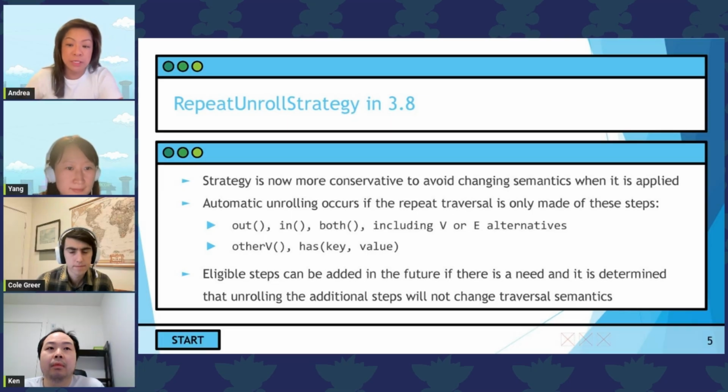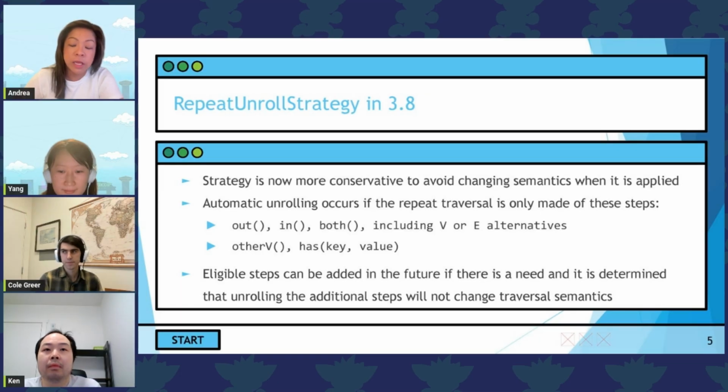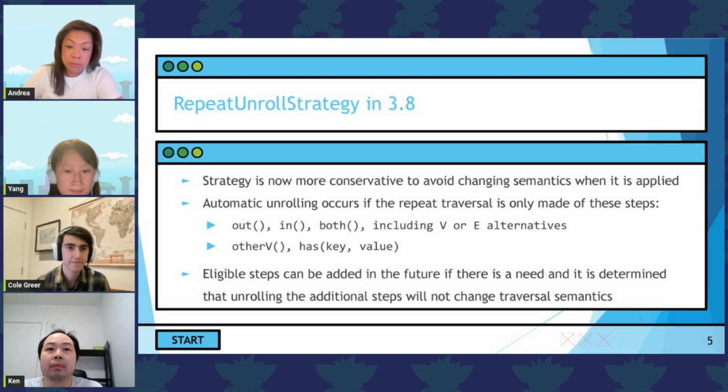For 3.8, we changed the repeat unroll strategy to be more conservative when checking if a traversal can be automatically unrolled, in order to avoid situations where we accidentally change the traversal semantics. Now in 3.8, the strategy is only applied if the repeat traversal is composed only of a limited number of steps that are known to have consistent semantics, whether they're used inside a loop or outside of a loop.